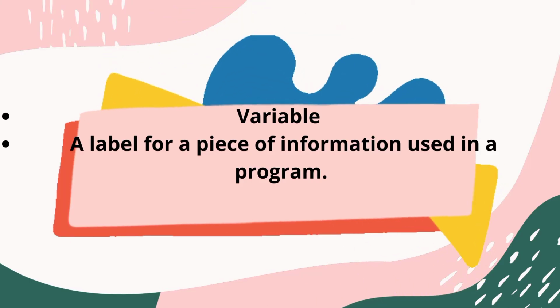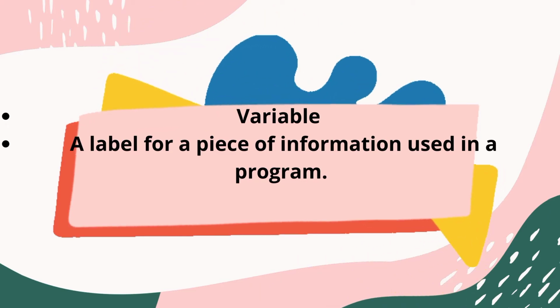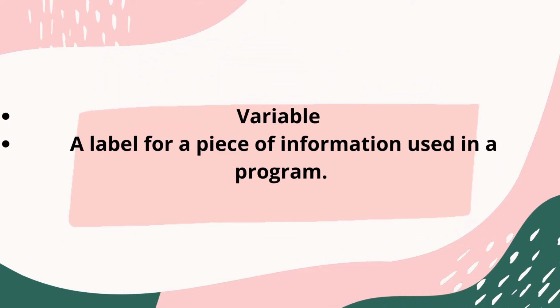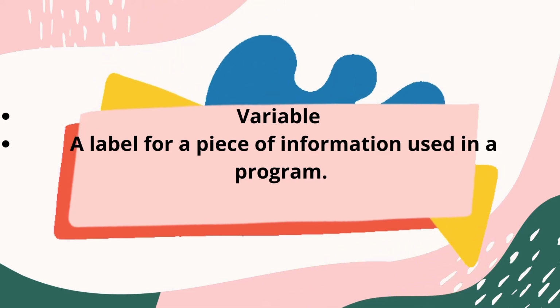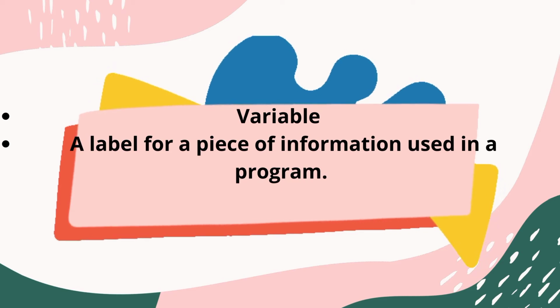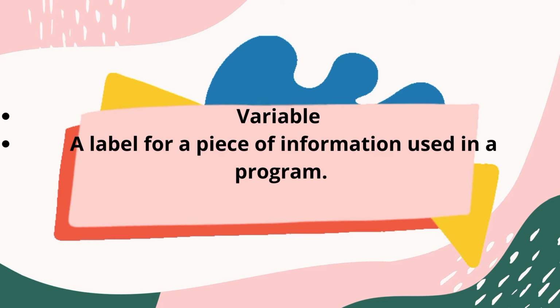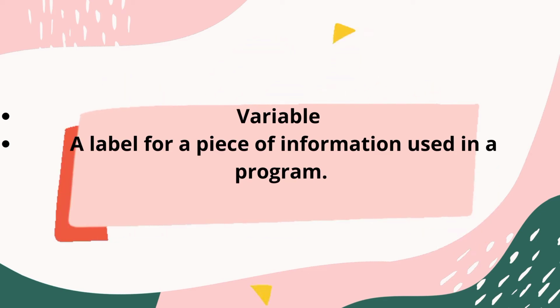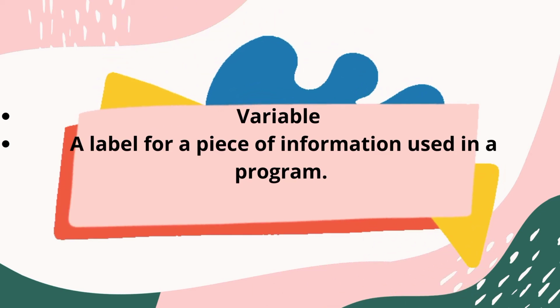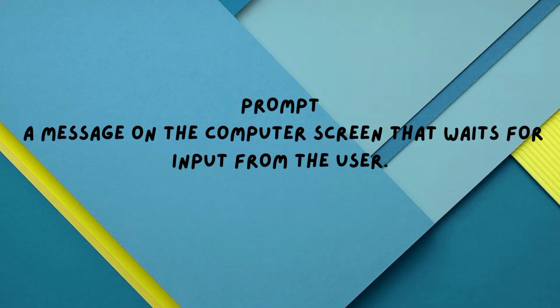Now, like we said, a variable is a label for a piece of information used in a program. Like the video we just watched, for us to be able to use information promptly, we need to label it so that whenever we need such information, we can just go back and obtain it. Now, information in a variable is kept through what is called a prompt.